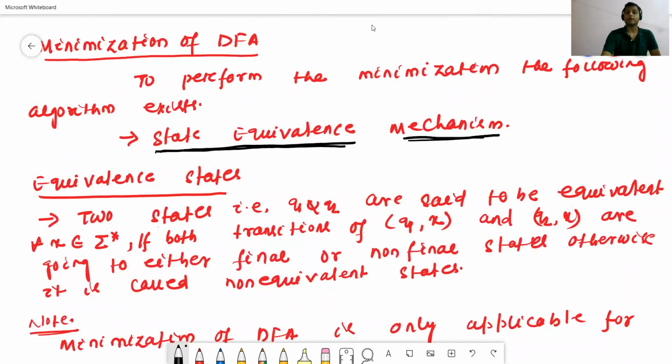Before going to the algorithm or state equivalence mechanism, first try to understand what is the meaning of equivalence states.